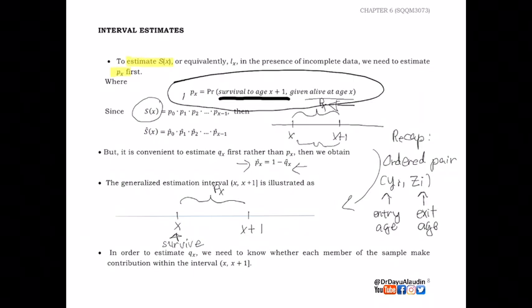We already covered last time the observation period. So there are 3 basic pieces of information we have to know: the date of the observation period, the entry age and the exit age.